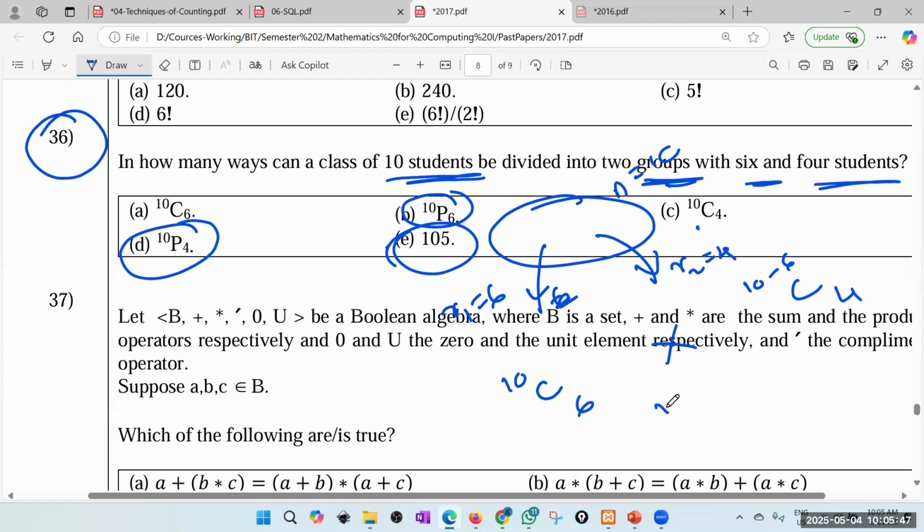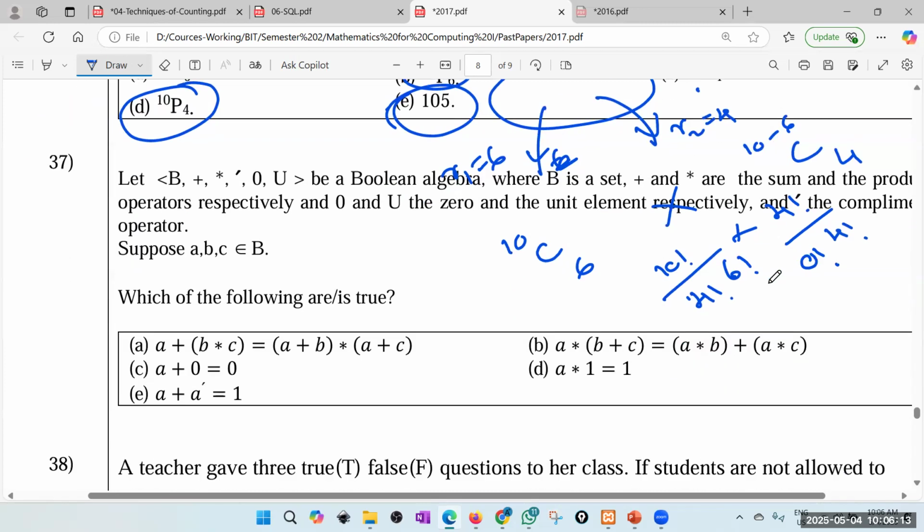10C6 is factorial 10 divided by factorial 10 minus 6, which is factorial 4, divided by factorial R into 10 minus 6 is 4. 4C4 is factorial 4 over factorial n minus R, that is factorial 0, and factorial R. Anyway, it is 1.